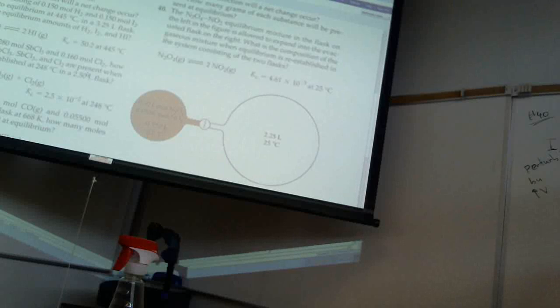What's the new volume? 3.0. We've got to have both, so it's going to be 3.00 liters. And what's this one going to be? This is going to be 0.0580 moles of NO2 divided by 3.00 liters, which gives us our new perturbed initial.